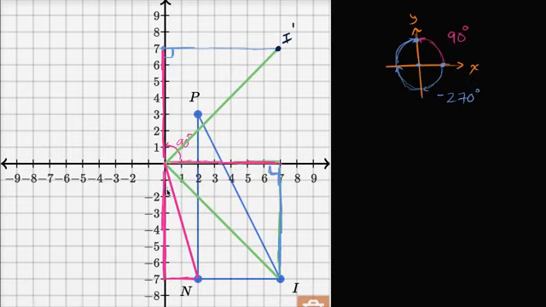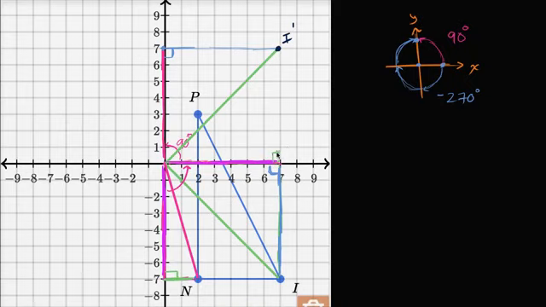So if you rotate this 90 degrees, this side, which is 7 units long, and we're going 7 below the origin, it's now going to be 7 to the right, right? If I rotate it by 90 degrees, it's going to be right over here. And this side, which has length 2, forms a right angle.